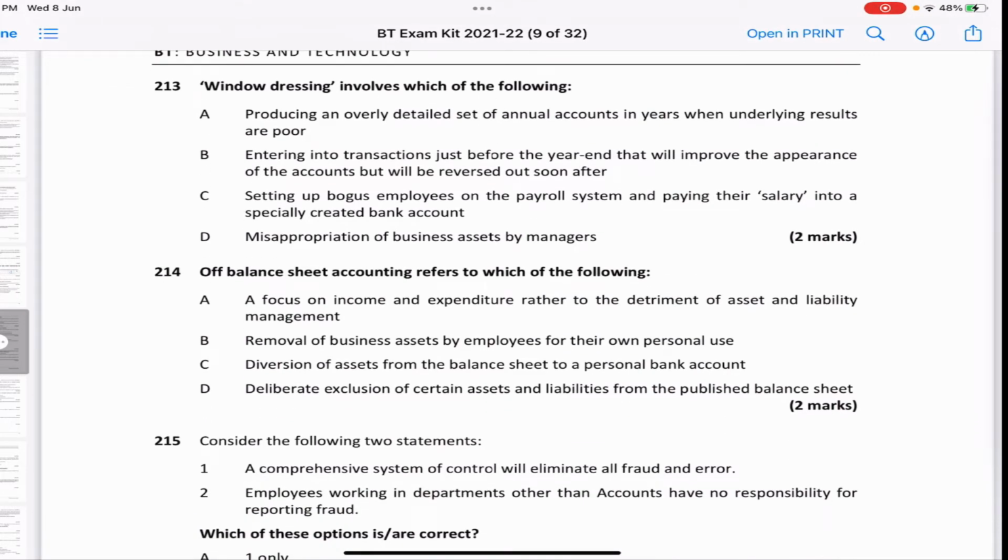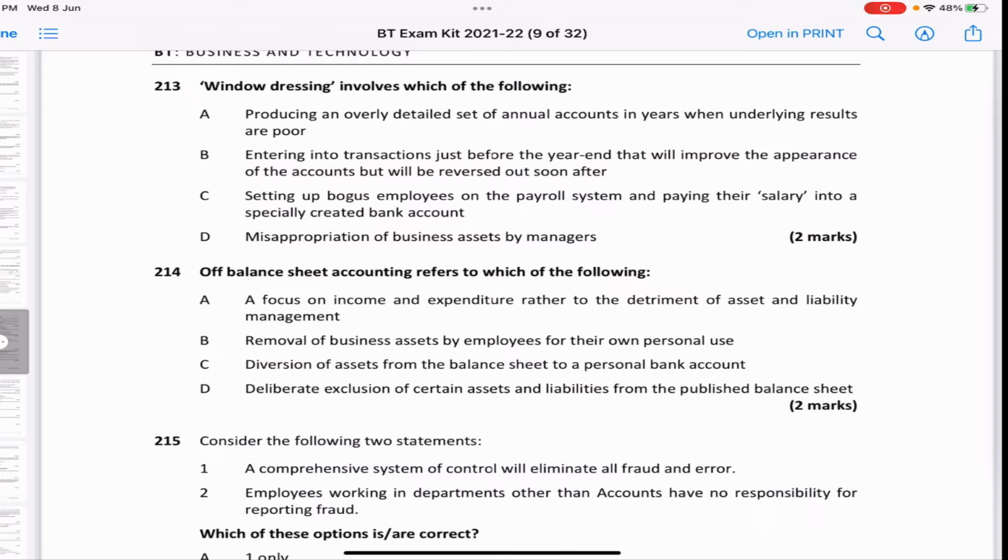Window dressing involves which of the following? Producing an overly detailed set of annual accounts in years when underlying results are poor. The answer is obviously that transactions are often reversed out after the year end, right? Entering into transactions just before year end that will improve the appearance of the accounts but will be reversed soon after.